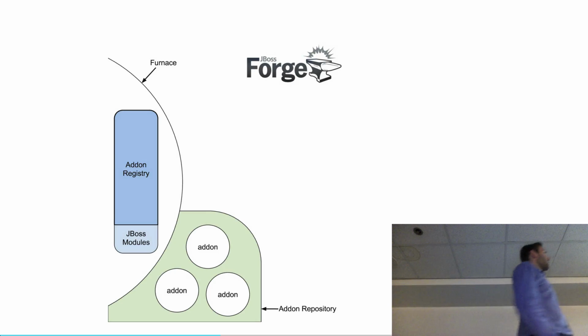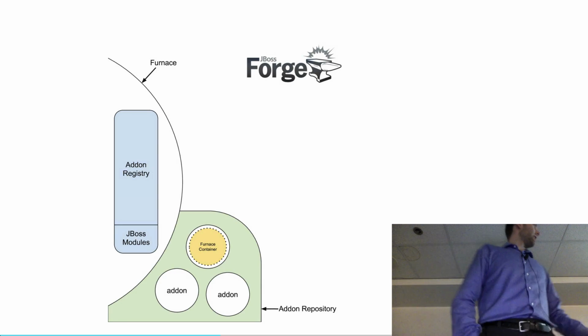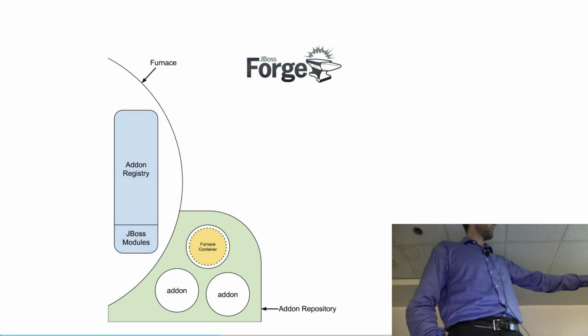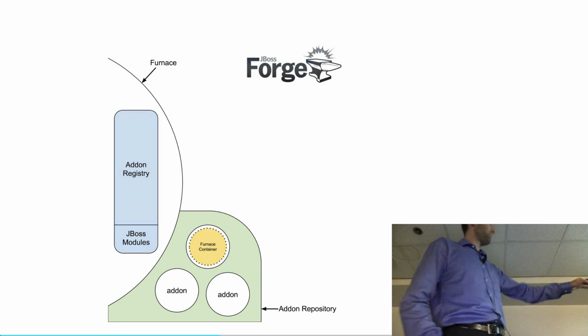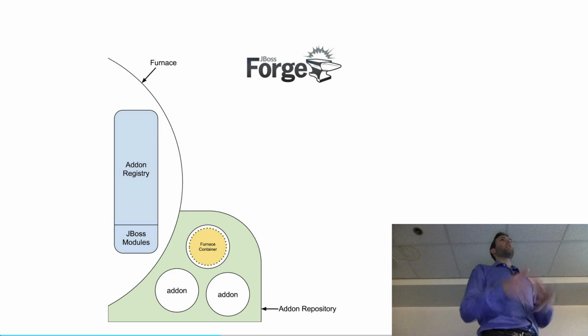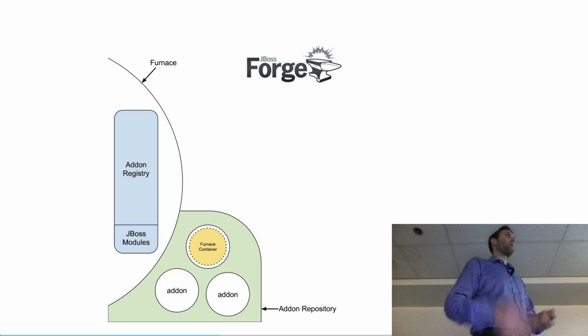This is all contained within what we call the add-on registry, which is sort of the access point for what these add-ons provide. Each add-on has what's called a container, or it can use a container, and sorry that's small, but just assume the yellow thing there is the container. The container says, okay, this add-on provides classes, like it's basically just a class loader to start with.